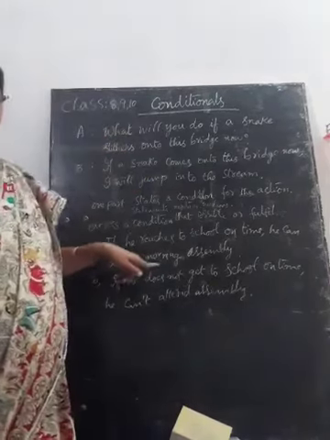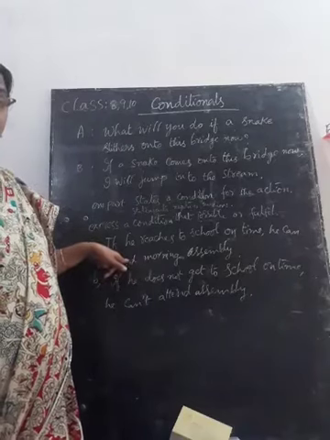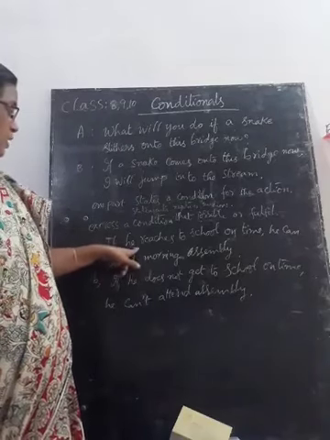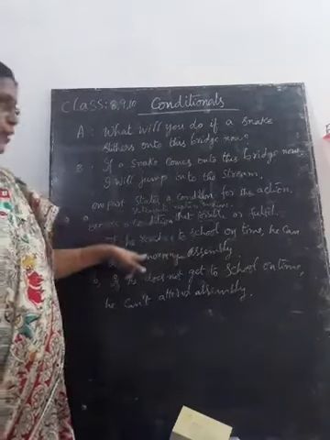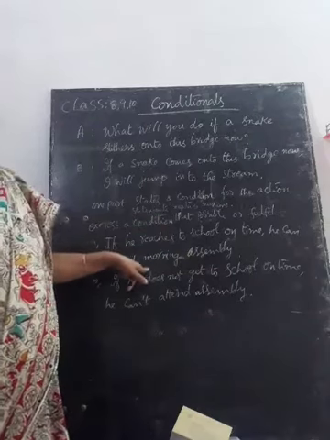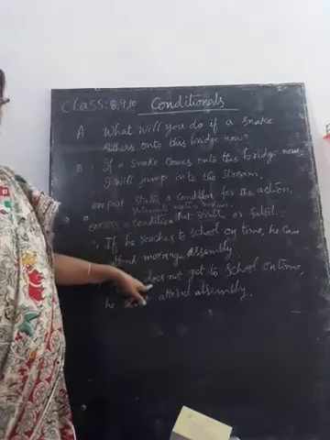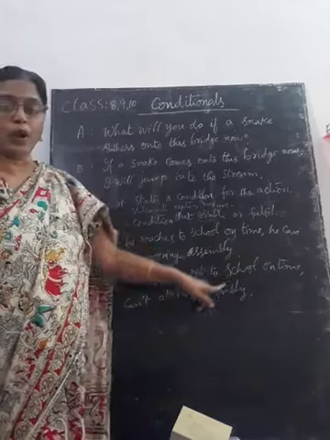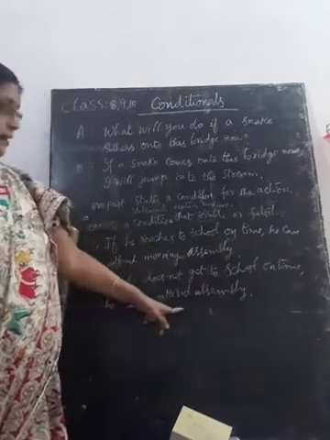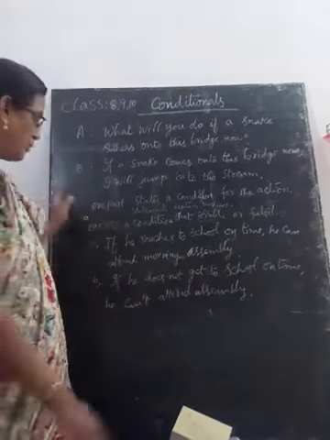See, the sentences can be statements, negatives, questions. If he reaches school on time, he can attend morning assembly, that is a statement. If he doesn't get to school on time, he can't attend assembly, that is a negative sentence.